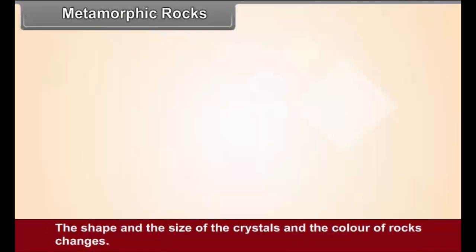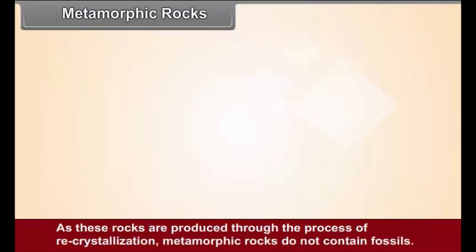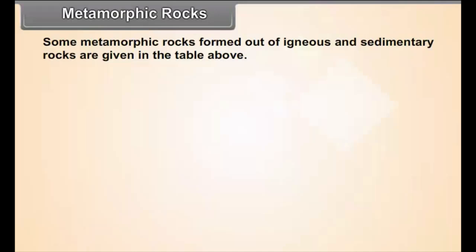The shape and size of the crystals and the color of rock changes. As these rocks are produced through the process of recrystallization, metamorphic rocks do not contain fossils. Some metamorphic rocks formed out of igneous and sedimentary rocks are given in the table above.